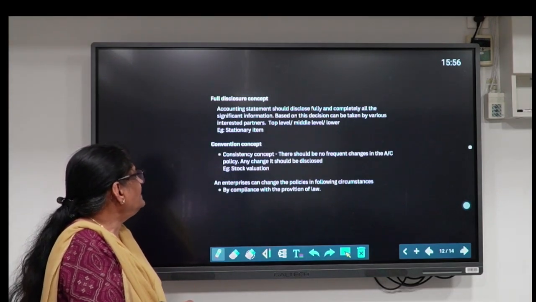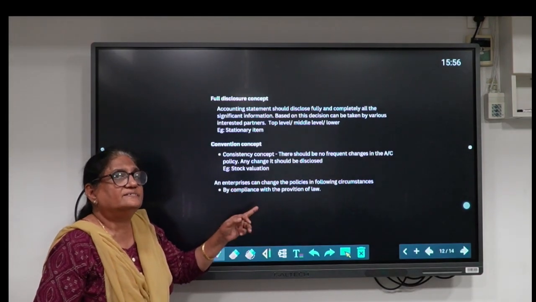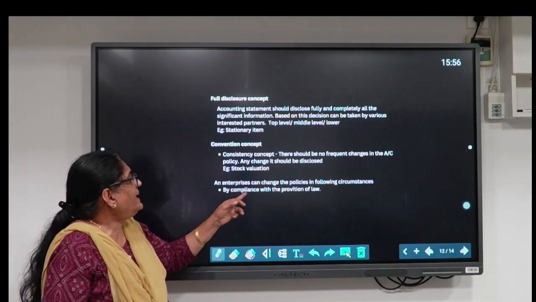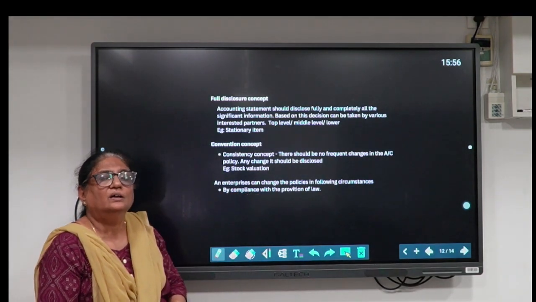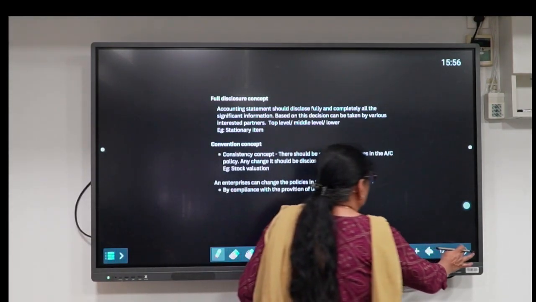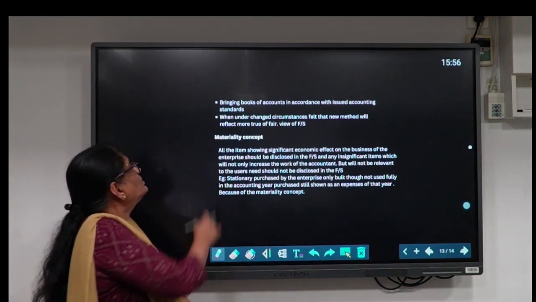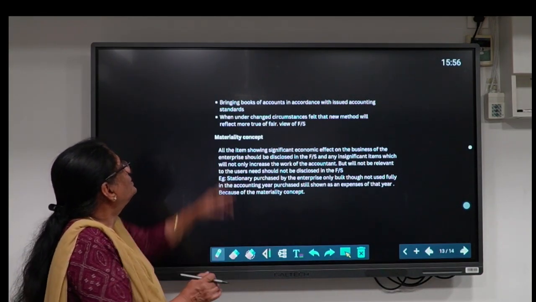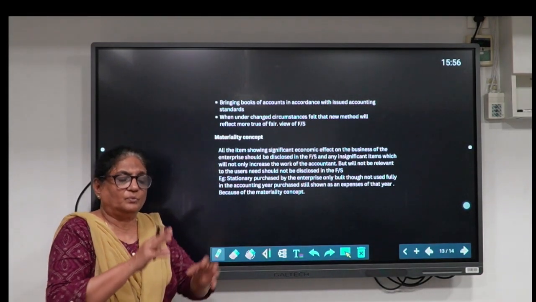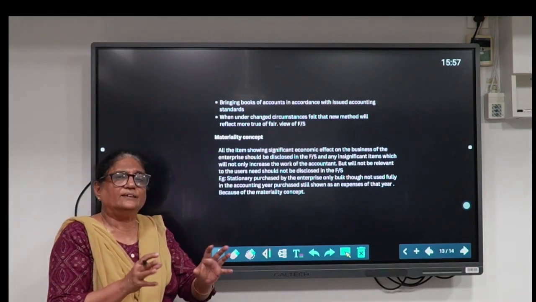An enterprise can change the policies in the following circumstances. You can change in compliance with the provision of law. The law says that you have to change, then you change it. So only in those circumstances. Then bring the books of accounts in accordance with the issued accounting standard. So you have to bring the books as per the accounting standard.